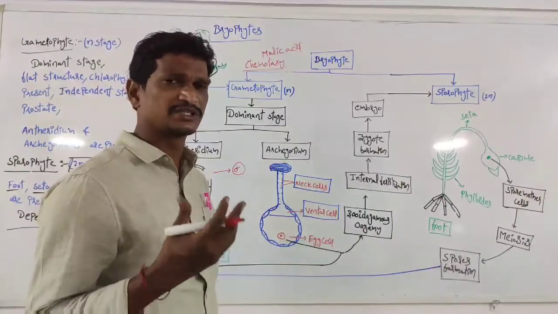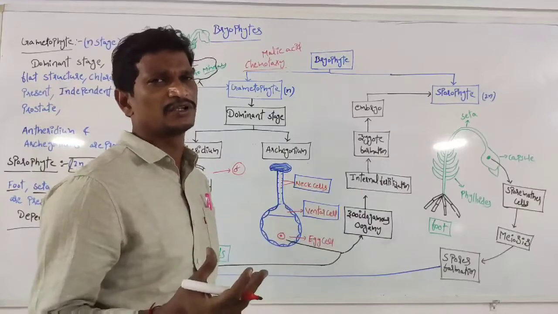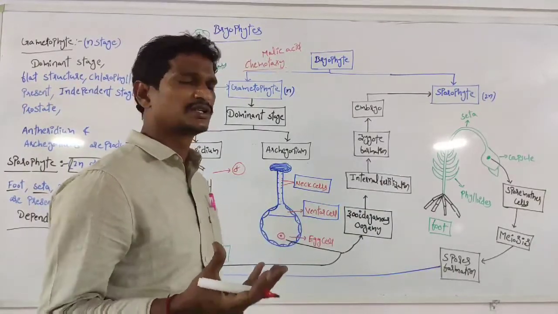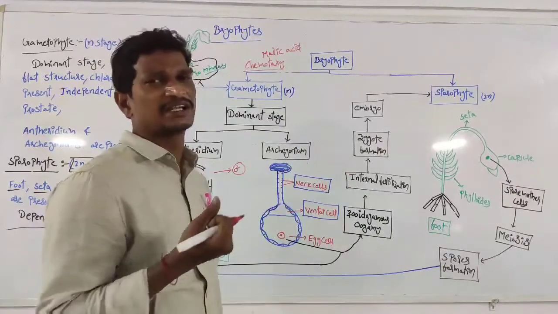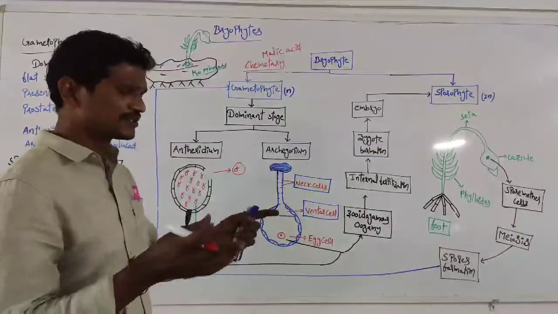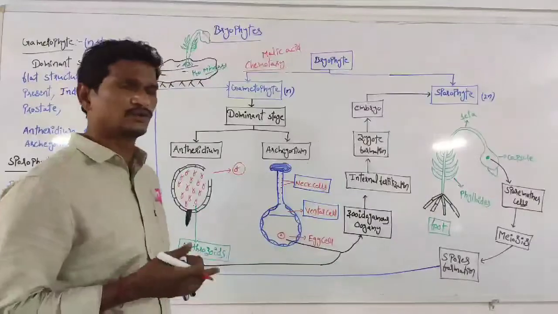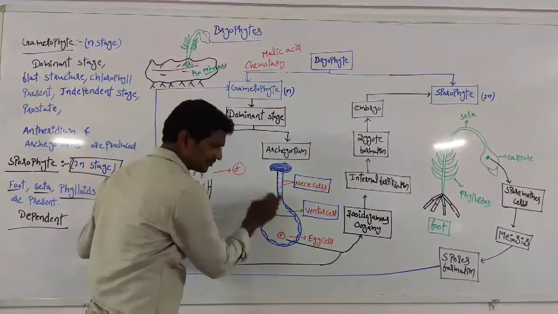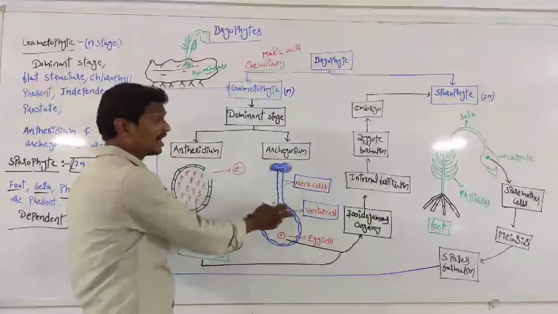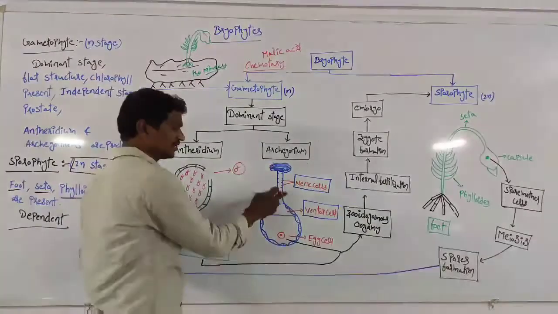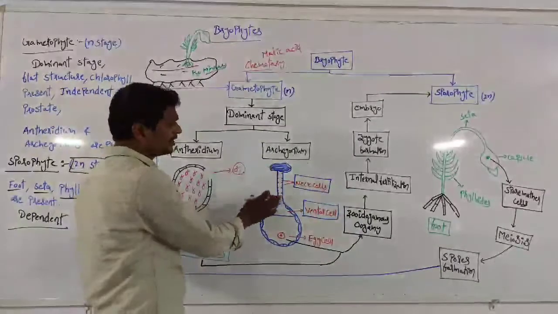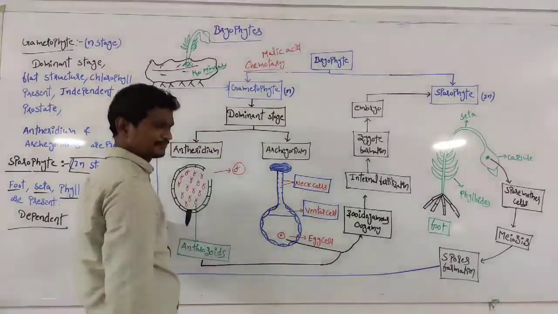That mucilaginous substance contains malic acid molecules, which spread within the water. Those molecules attract the male gametes. Then the male gametes swim towards the archegonium and enter inside the archegonium, not the cell. Right? That movement is called chemotaxis.